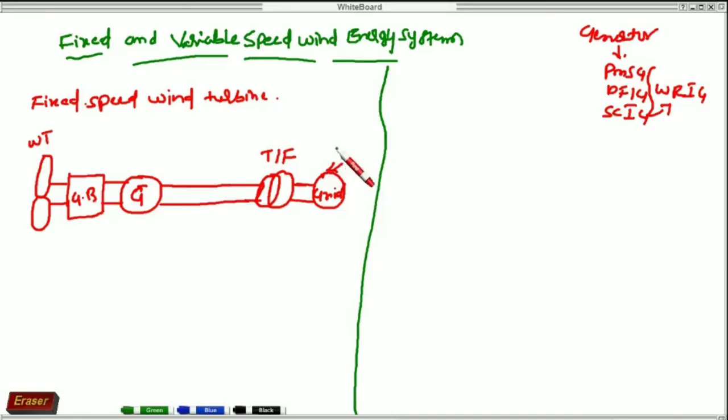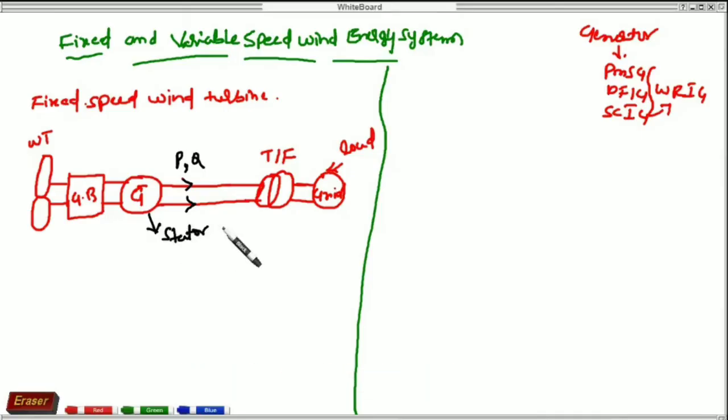Some loads, 1 kilowatt, 2 kilowatt, 3 kilowatt, we also have to connect here. In these systems, we calculate how power flows, either active power or reactive power. This generator is connected on the stator side only.